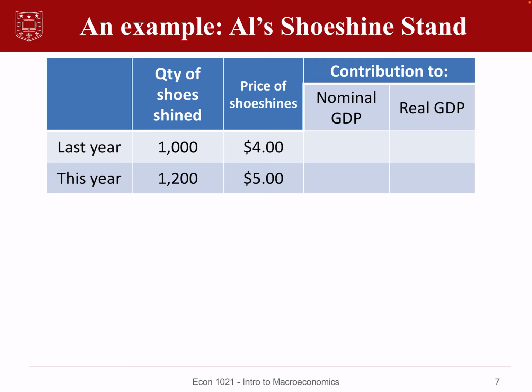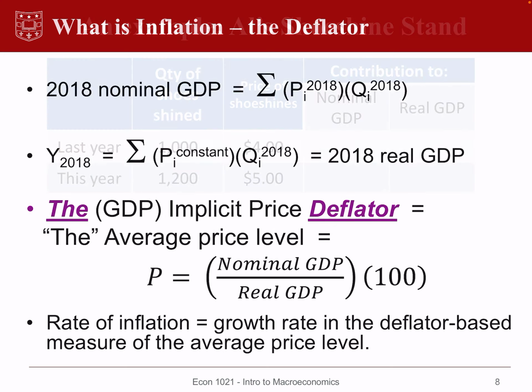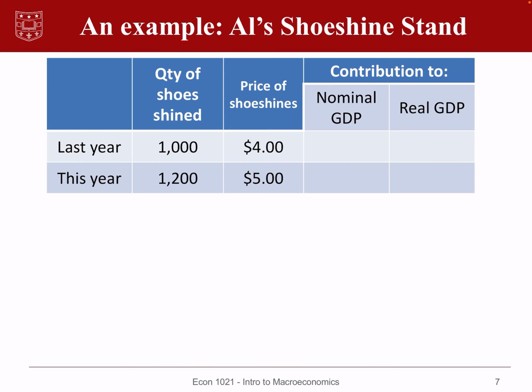Well, again, nominal GDP is looking at the market value of new final goods and services, in this case, shoes that are shined, using current dollar prices. So, excuse me, Al's contribution to nominal GDP last year is going to be $4,000.